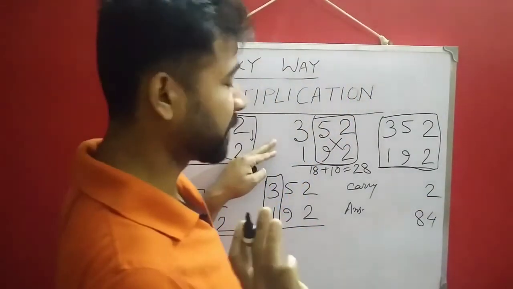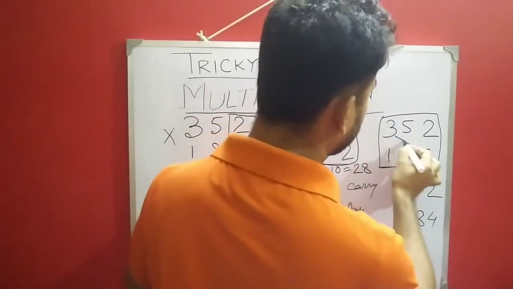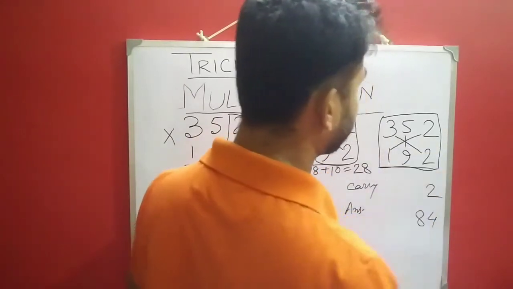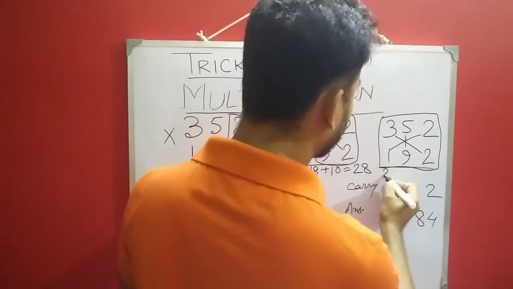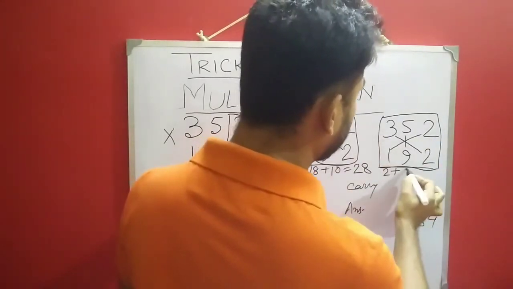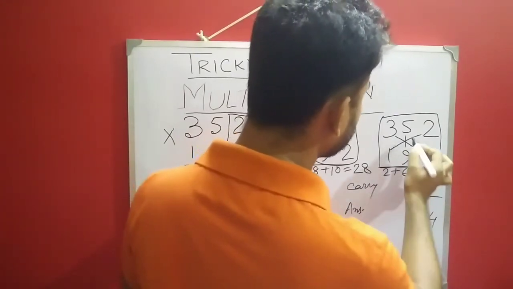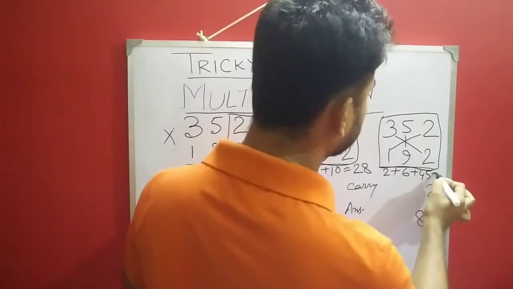Okay, is it clear? Now cross multiplication and straight multiplication. 2 into 1 equal to 2, plus 3 into 2 equal to 6, plus 9 into 5 equal to 45.